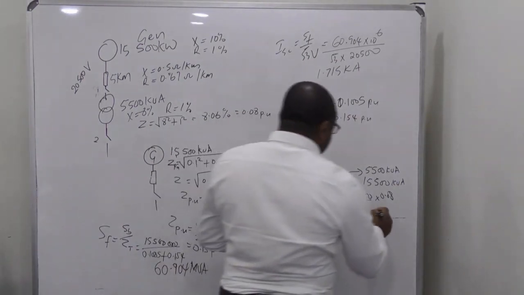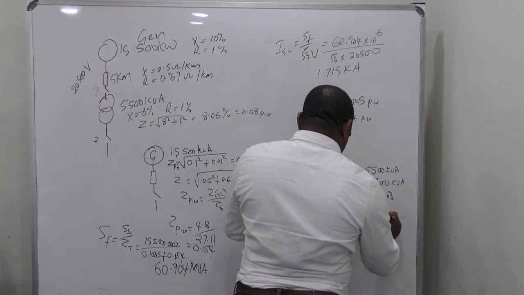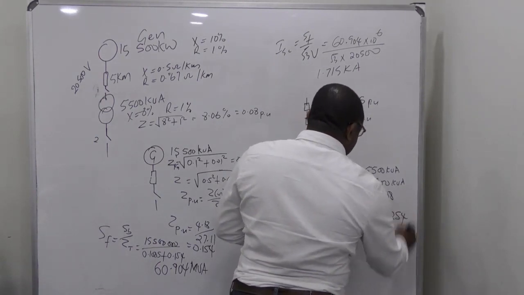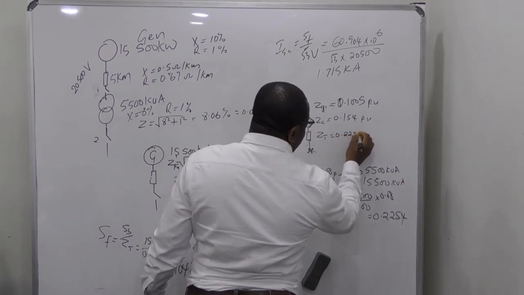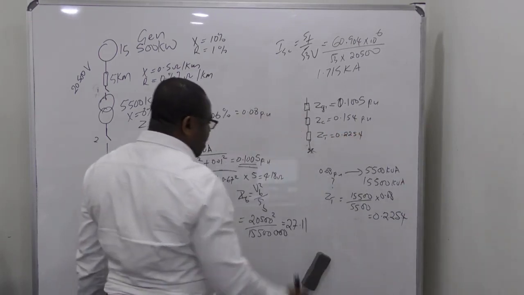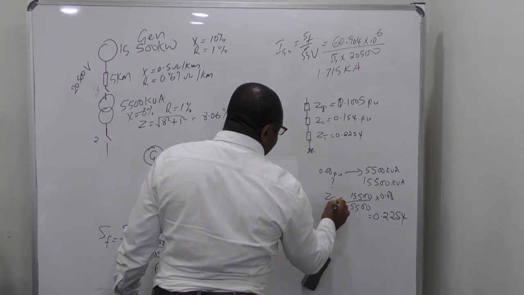That will give you 0.2254. So that is Z of the transformer.